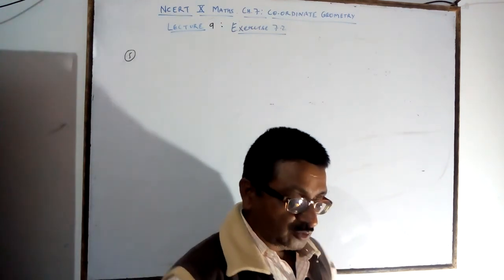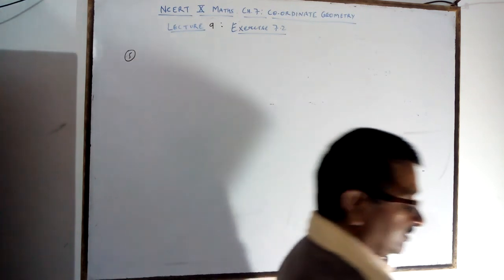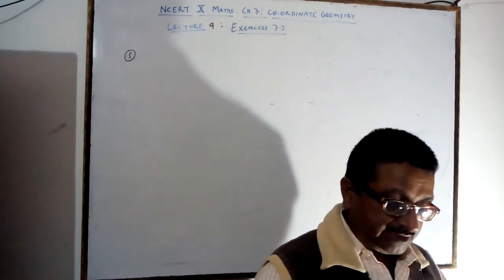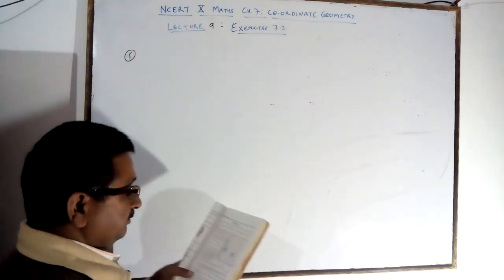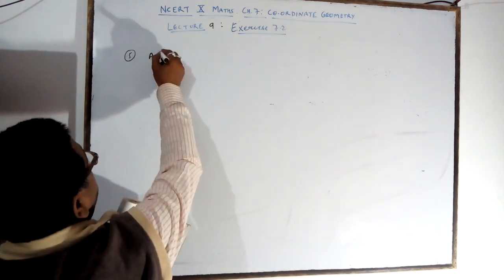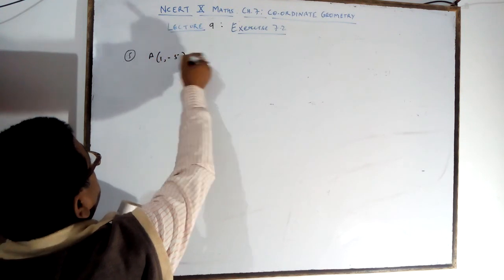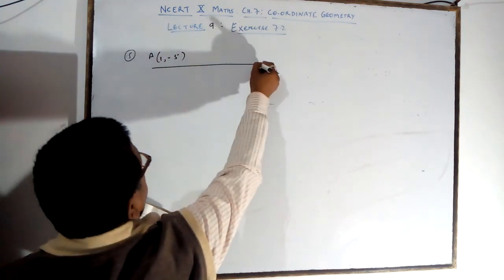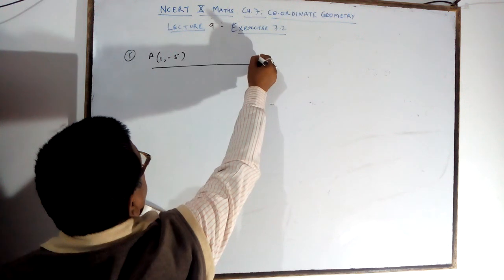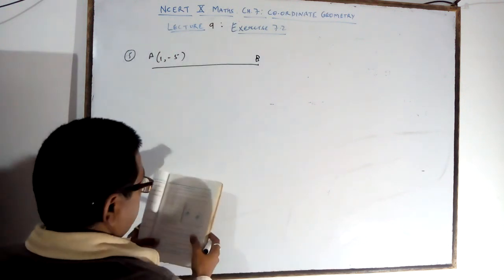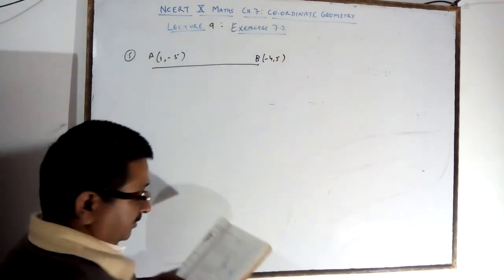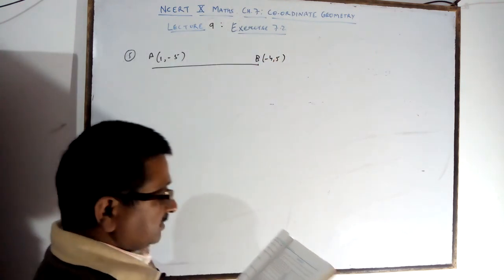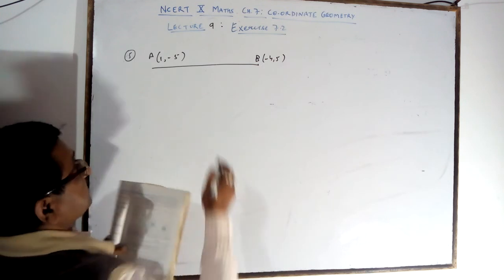Exercise 7.2, question number 5. Find the ratio in which the line segment A(1, -5), B(-4, 5) is divided by the x-axis.